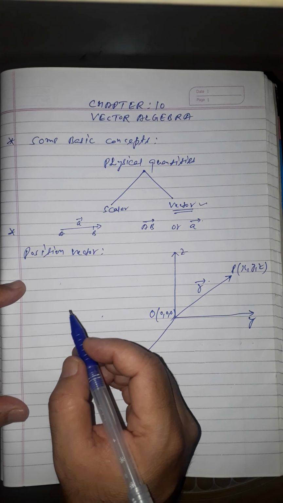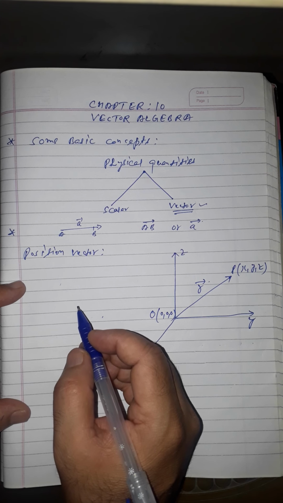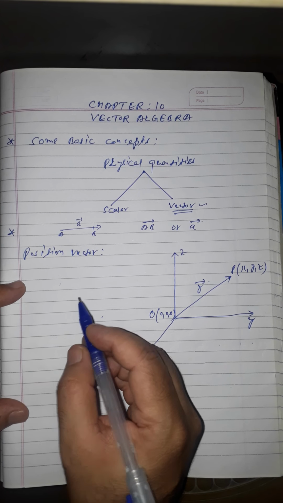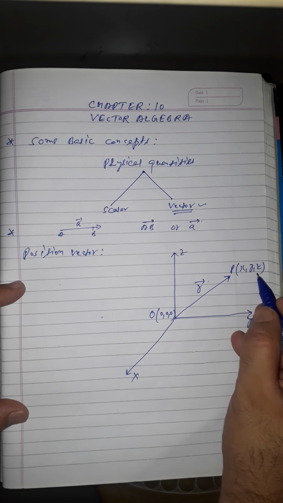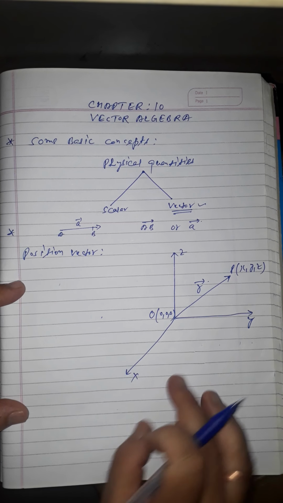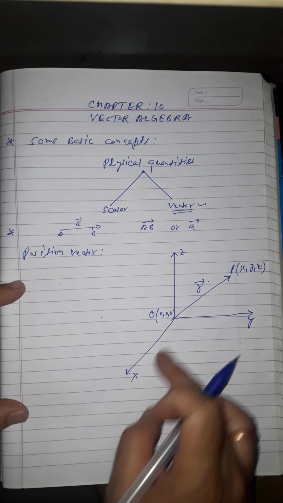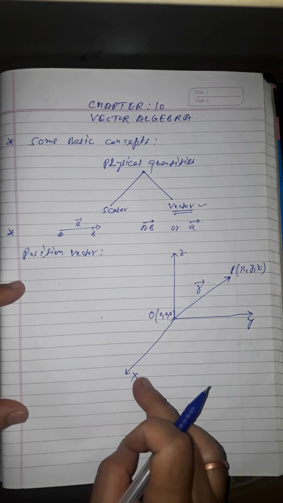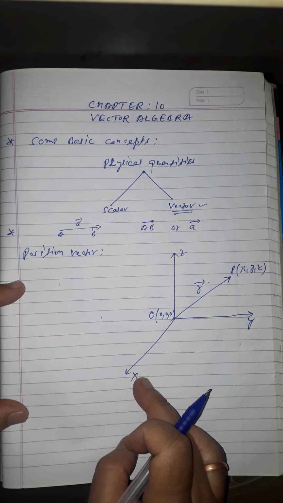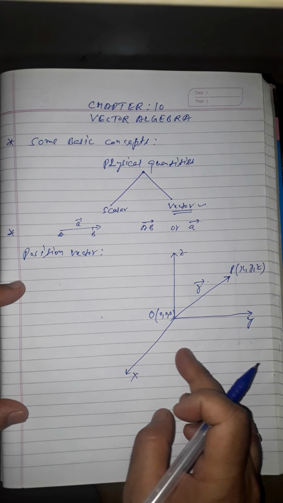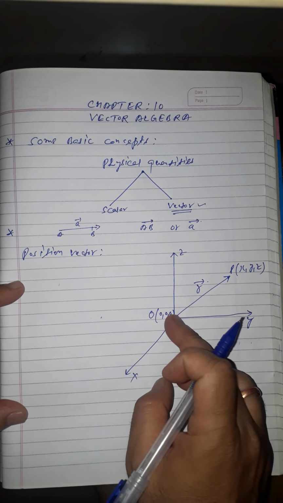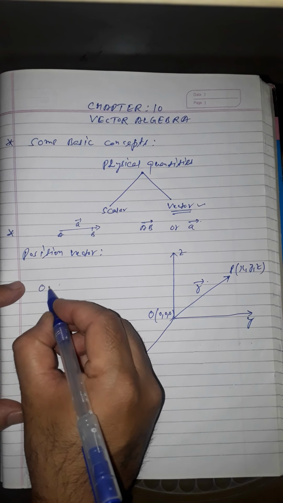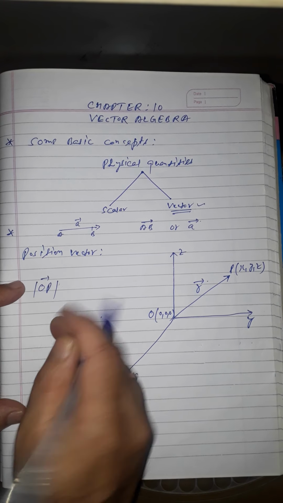So here is the position vector now. I want to tell you about the position vector, students. Consider a point P(x, y, z) in space. Here, in the whole chapter on vector algebra, we are taking the x-axis toward this side, students. So if we have to find OP, what is this OP?